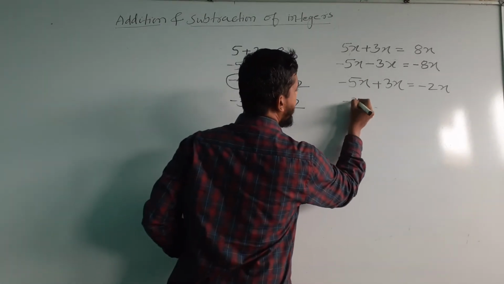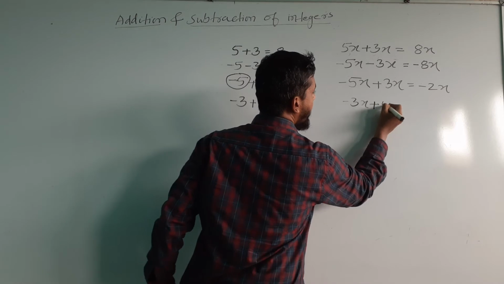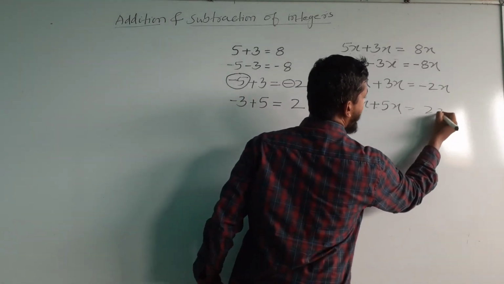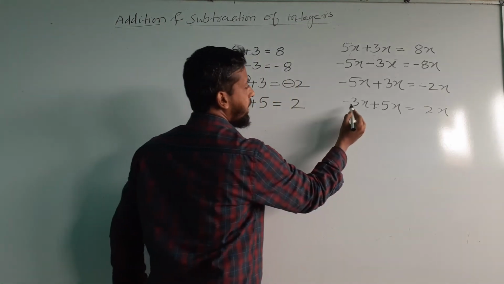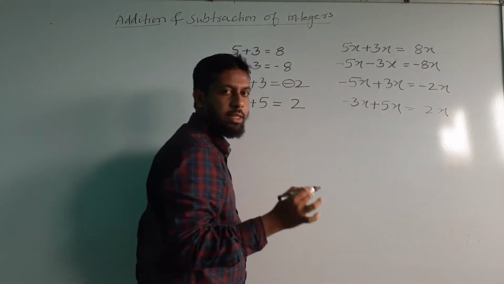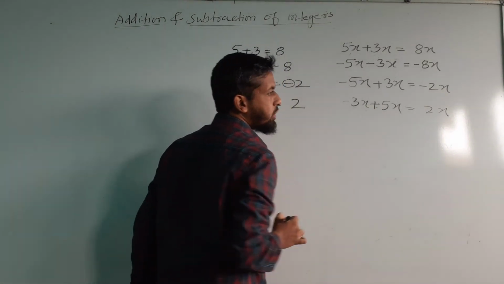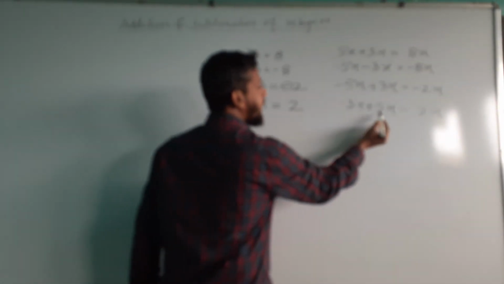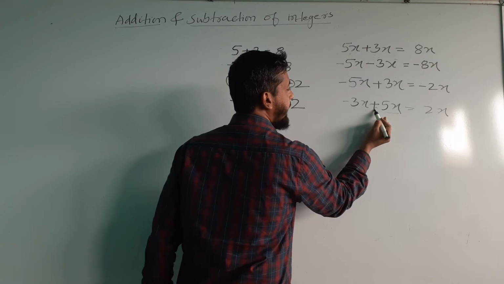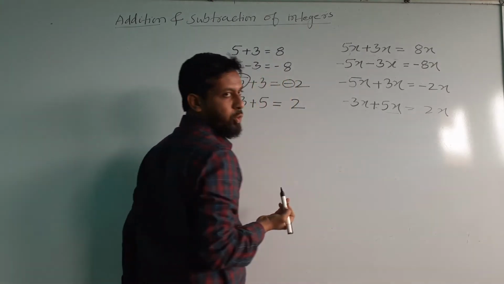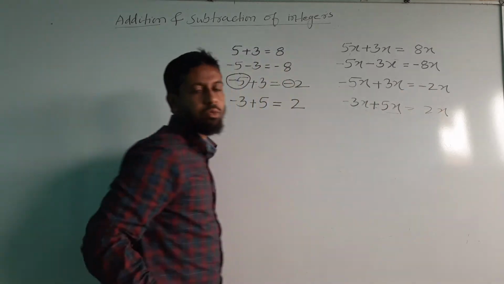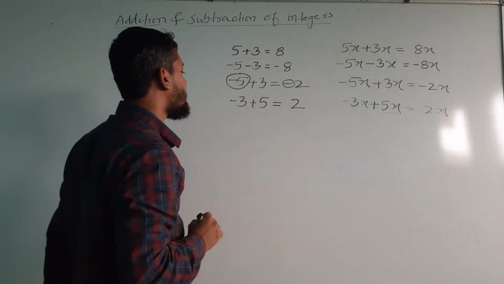Now suppose -3x plus 5x is equal to +2x. As I said, different sign we subtract, and in subtraction we have to take sign of the greater number. Here greater is 5x, its sign is plus, that's why +2x. Here greater is 5, its sign is minus, that's why -2x.